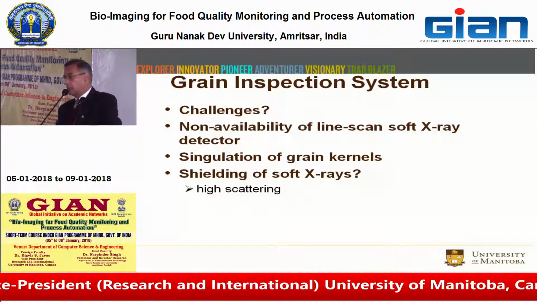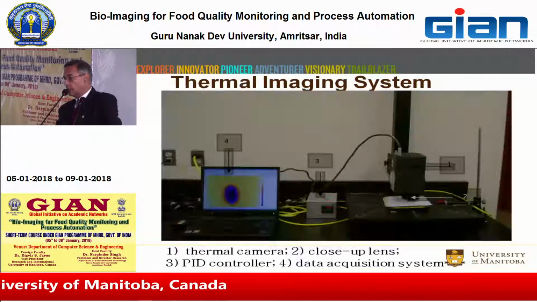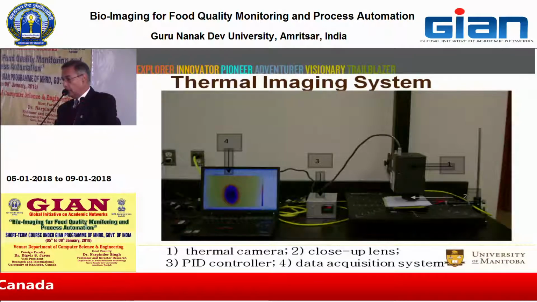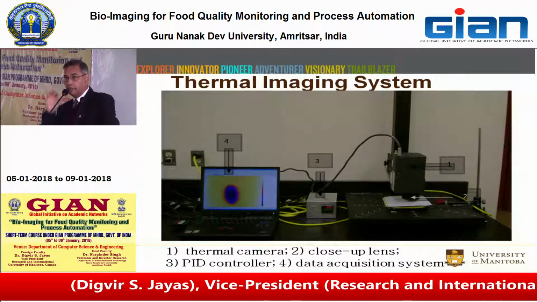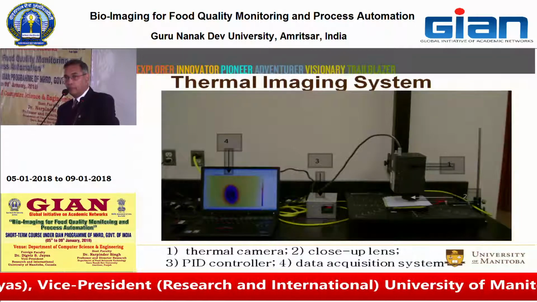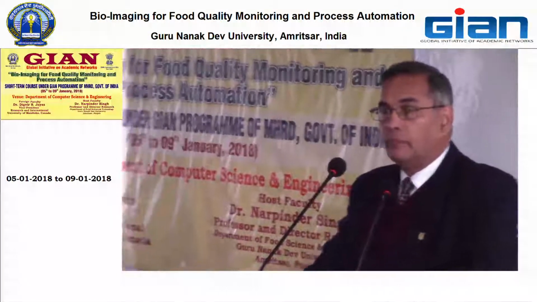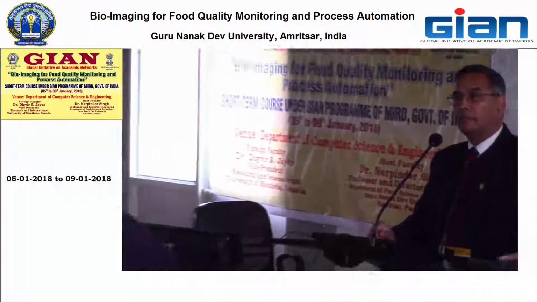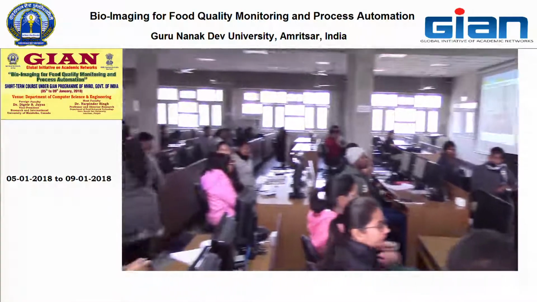The line scan systems for soft X-rays were not available, but now they are available on the market, so they could be applied to softer tissues as well as deeper tissues. I already mentioned singulation of the grain kernels. And shielding of the X-rays is an issue, because you want to avoid exposure of human beings, so you need to reduce the high scattering of the X-rays.